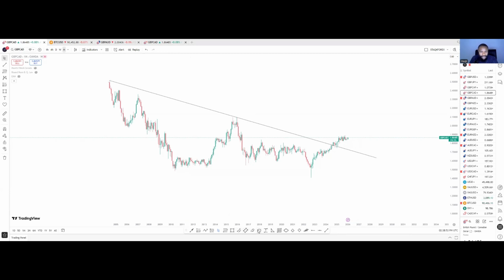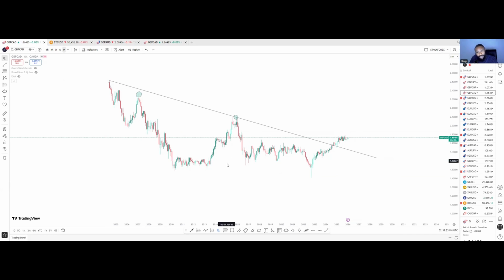We have a high here, we have a high here, we have a high here, and now we are creating another high. But as you can see, we are out from the trend line already. My trend line got broken on the monthly time frame.